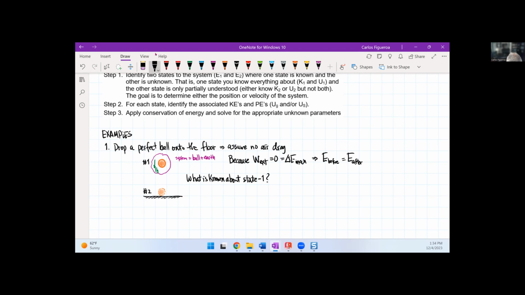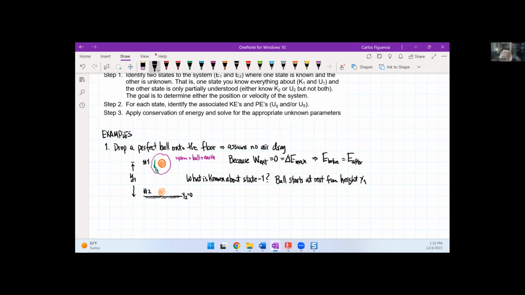Well, even though I didn't mention it, let's say that we do know the height y1. And we're going to say that the height y2 is set equal to 0. So let's say that the ball starts at rest from height y1.